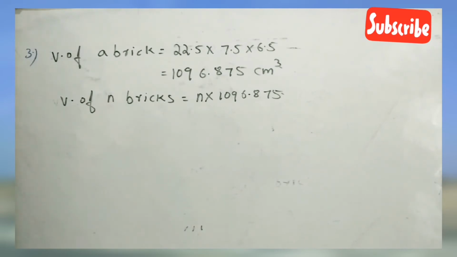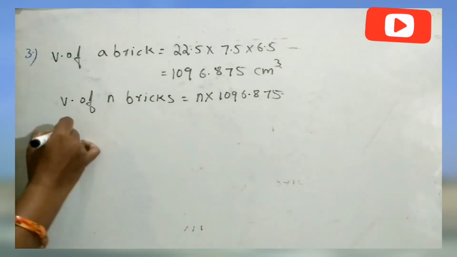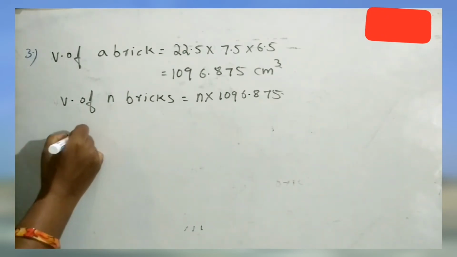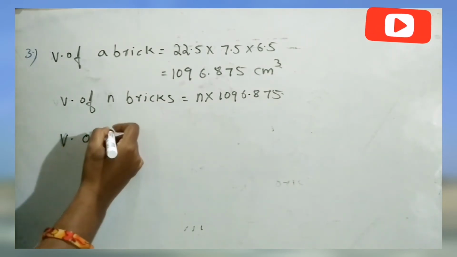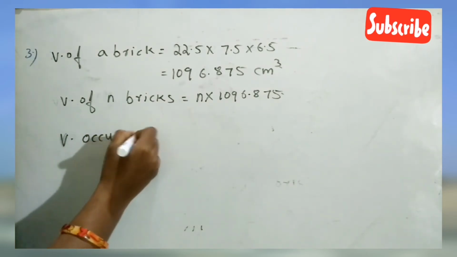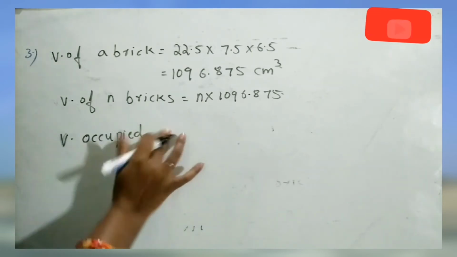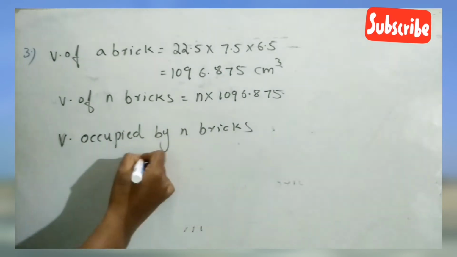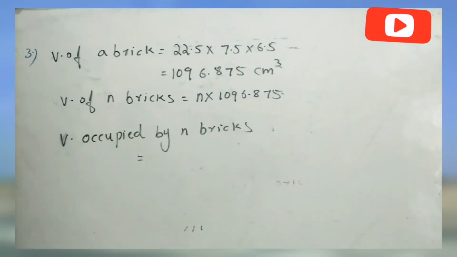The volume occupied by n bricks is equal to how much volume those n bricks can absorb?